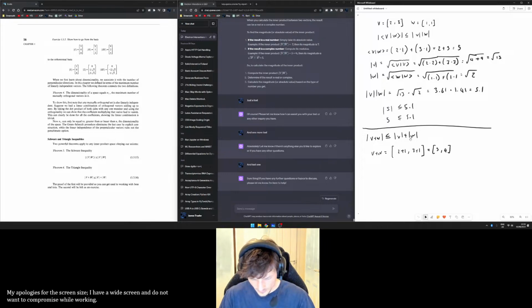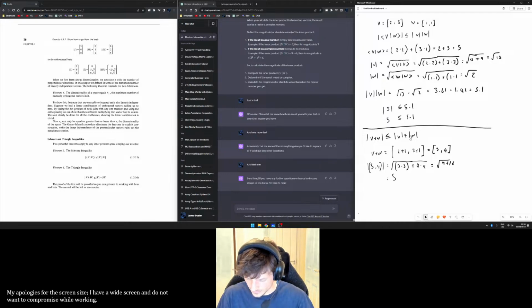And so the magnitude of 3, 4 is equal to the square root of 3 times 3 plus 4 times 4, which equals the square root of 9 plus 16, which actually ends up equaling 5.